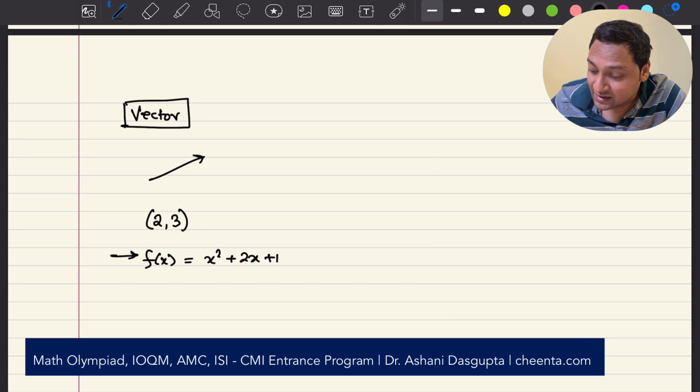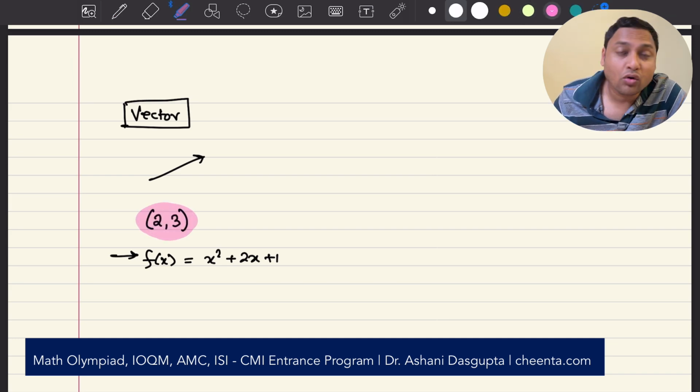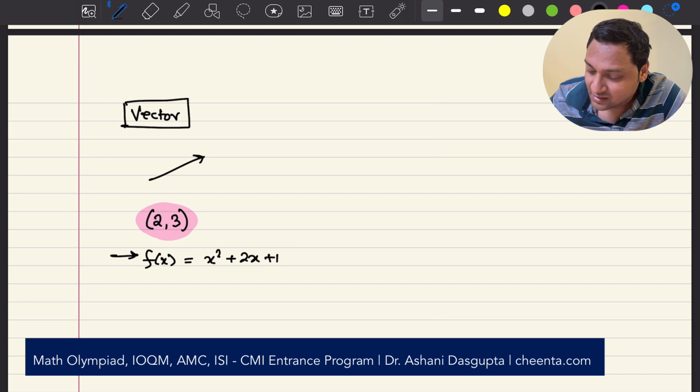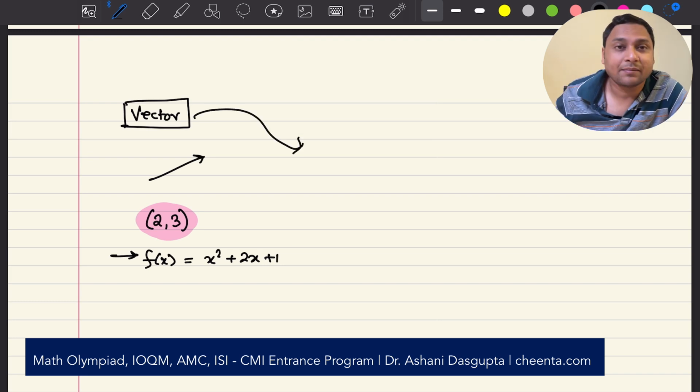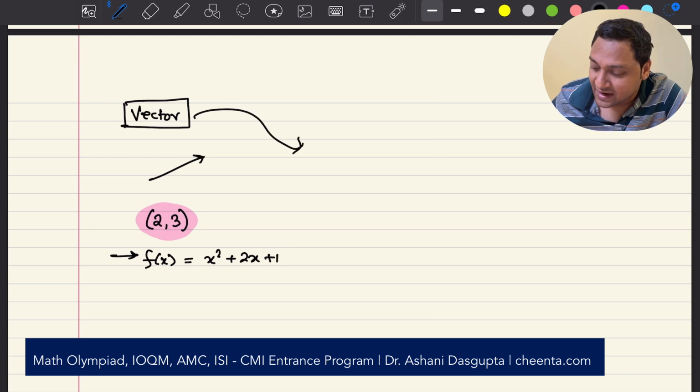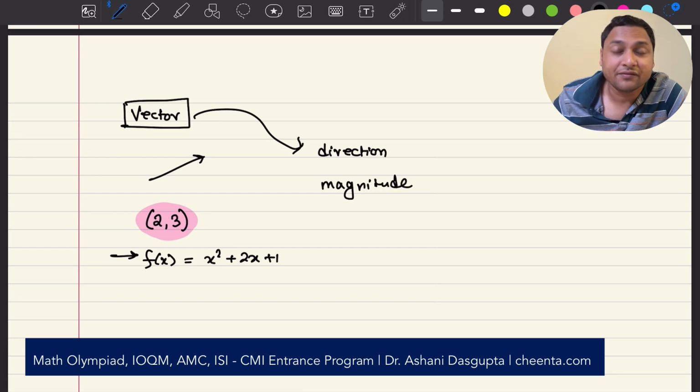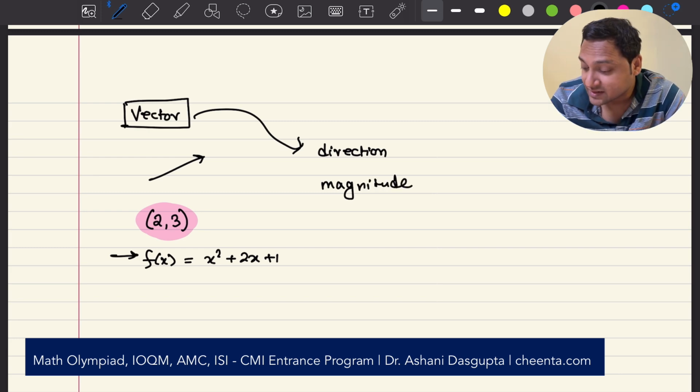But let's clearly understand why a coordinate is a vector and what is the true meaning of the word vector. So, vector is something which has both direction and magnitude. I hope you have seen this in the physics class or in some mathematics class.